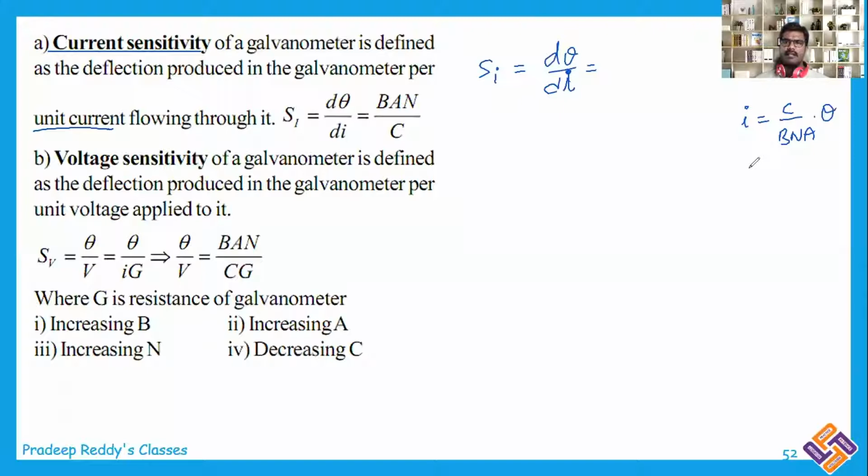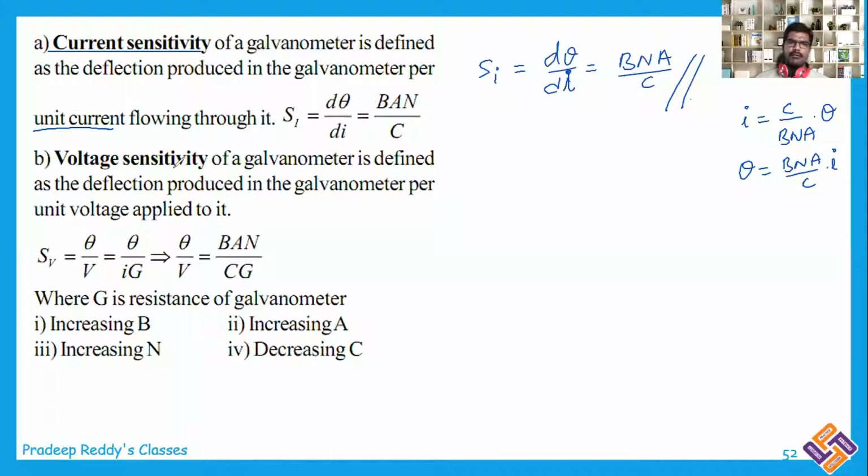Then theta is equal to BNA by C into I. So if you differentiate that equation with respect to current, the final value will be BNA divided by C. This is the equation for current sensitivity. Current sensitivity of a galvanometer is defined as how much deflection it produces per 1 unit current passage.